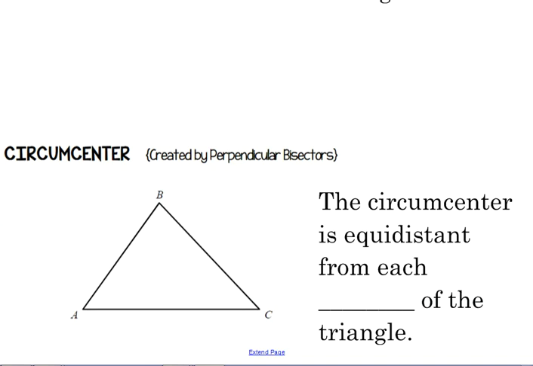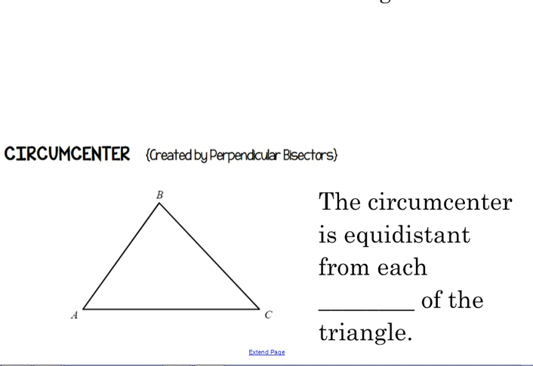Perpendicular means right angle. So, the easiest way is if you have a ruler or take a sheet of paper, and line up the corner of it with the side of the triangle, and put the edge of the paper on the midpoint, and you can draw your little perpendicular line there.